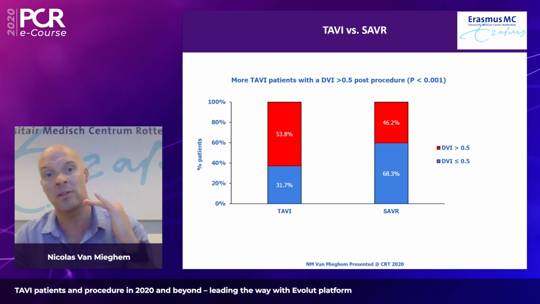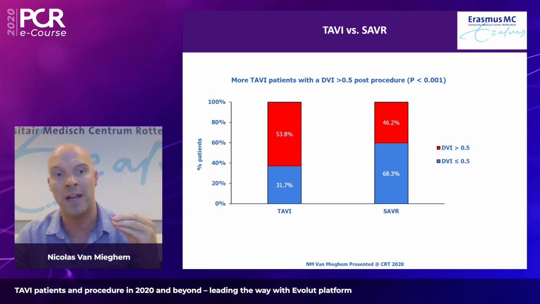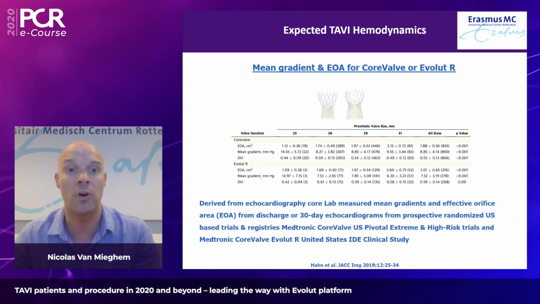So that means that in surgery, the aortic valve, after the valve implantation, had an area that was less than half the area of the LVOT, whereas with TAVI, with the supraannular valve, with the Evolut system or a CoreValve system, it is more than half of the area of the LVOT.